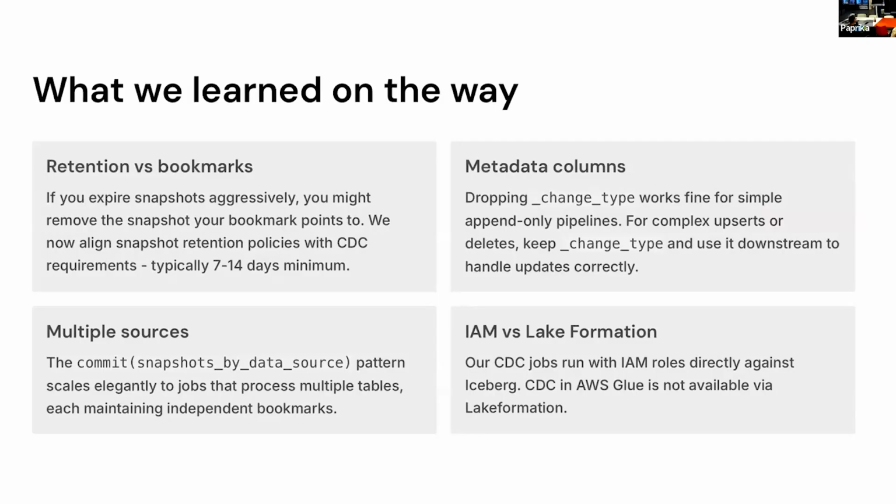So we settled on this 7 to 14 days range. You can drop the metadata columns if needed. Of course, for multiple sources, we commit per source. And like I mentioned, it's a batch use case, so there aren't really any concurrency topics in mind, but this would still be an open point to investigate.